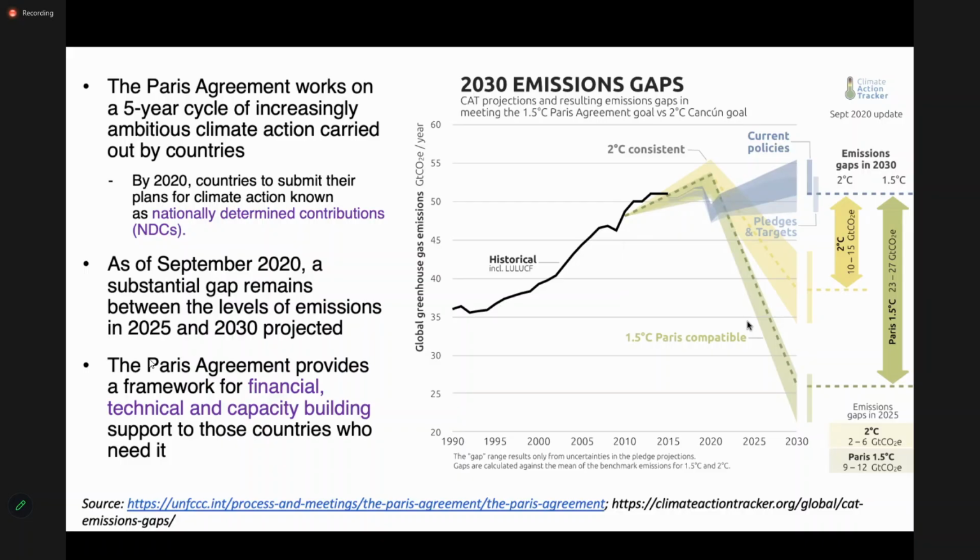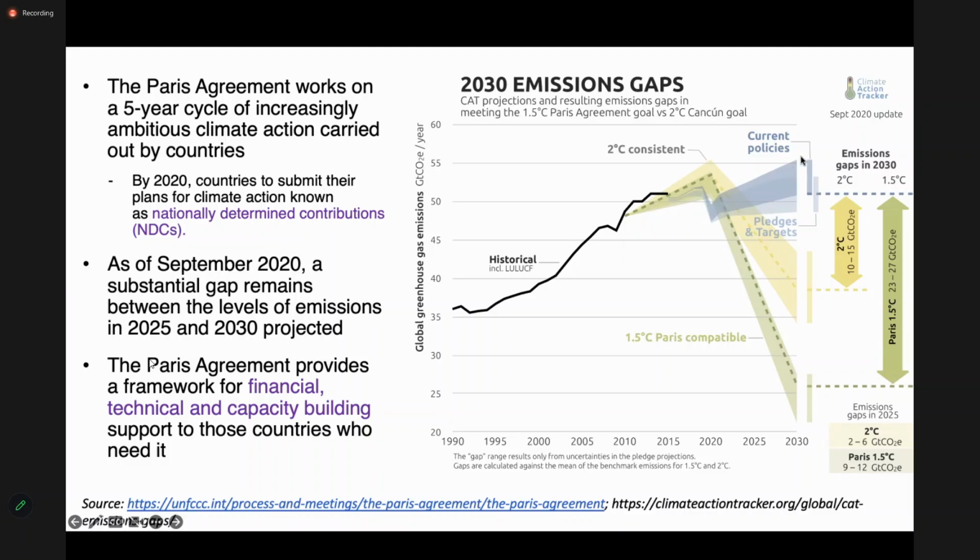As of today, there is a gap between the level of emissions that are projected to be reached in 2030 and the level that we should reach. If you are following our current policies, this is where we will end up.